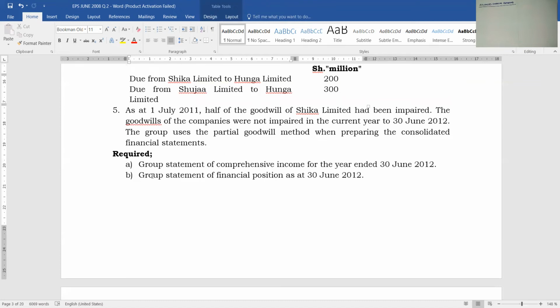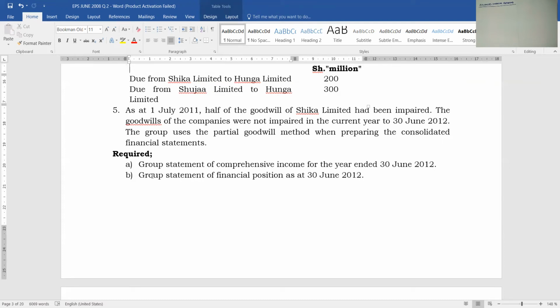So in order to use the full method, the non-controlling interest, the minority shareholders, that is the NCI, must be measured at its fair value. The goodwill arising from the full method goes to the parent and the non-controlling interest. Then in order to use partial, there's nothing concerning NCI, so the NCI is not stated at its fair value.